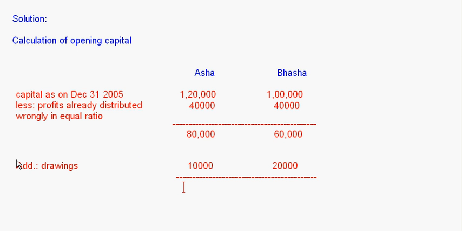I started from the capital as on December 31st 2005 and we are arriving at the opening capital. So this will be 90,000 and this will be 80,000. So what is this? This is the opening capital as on January 1st 2005. So the first step is the calculation of the opening capital.